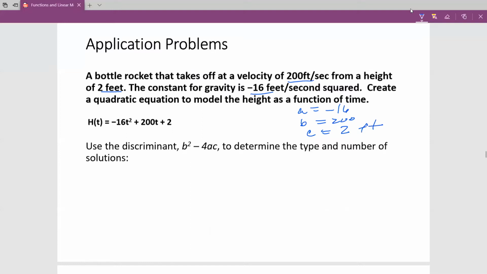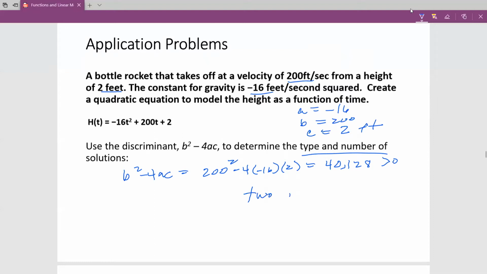And so we want to use a discriminant to determine the type and number of solutions. You get b squared minus 4ac equals 200 squared minus 4 times -16 times 2, which equals 40,128. It's more than 0, so there are 2 real zeros.